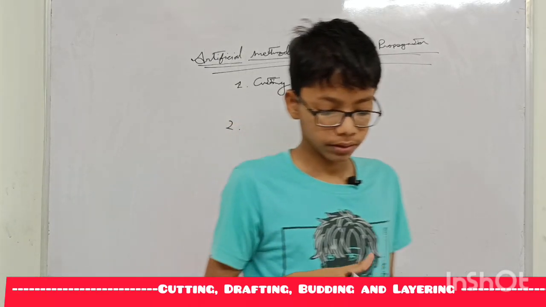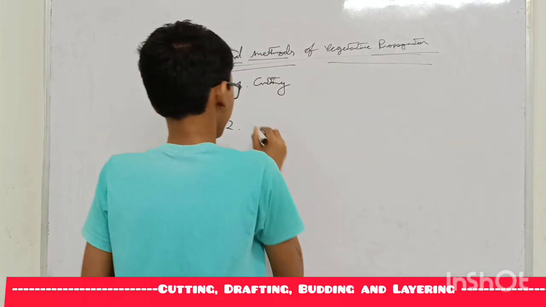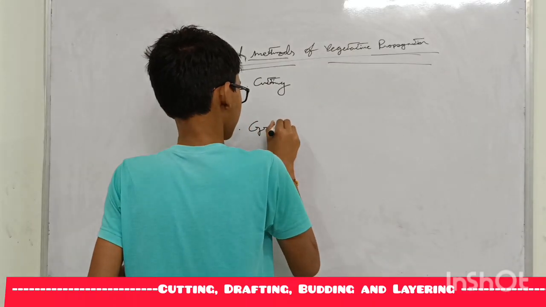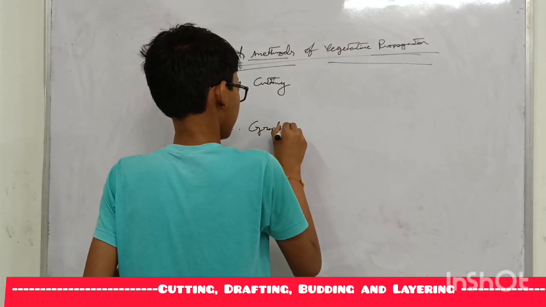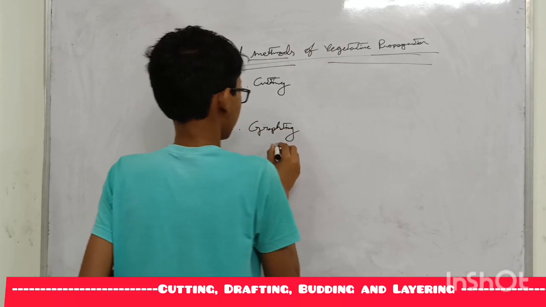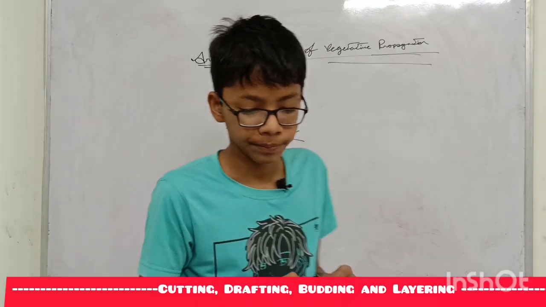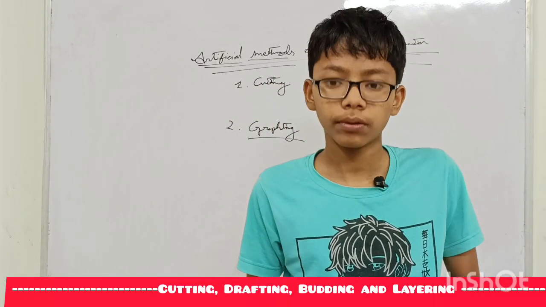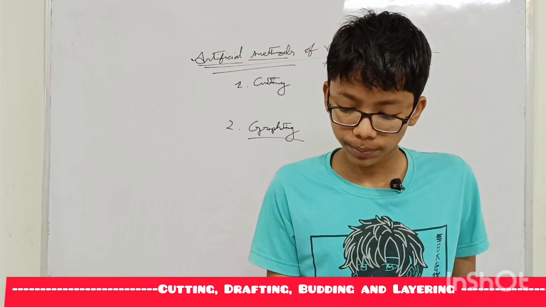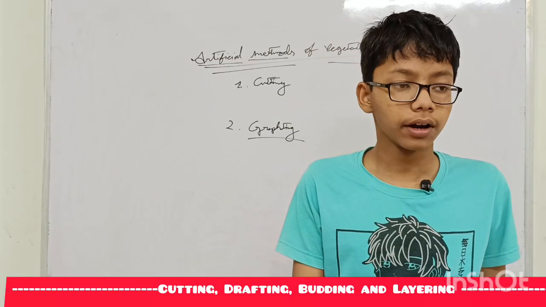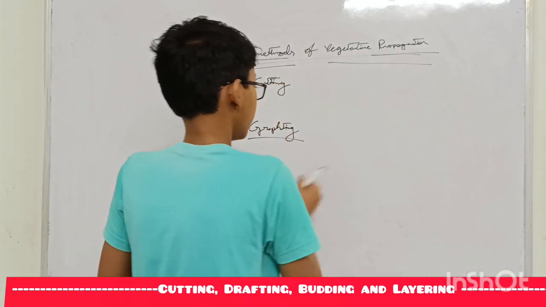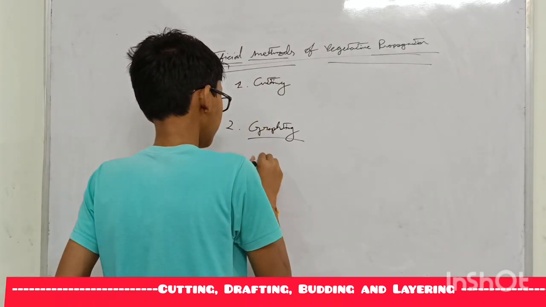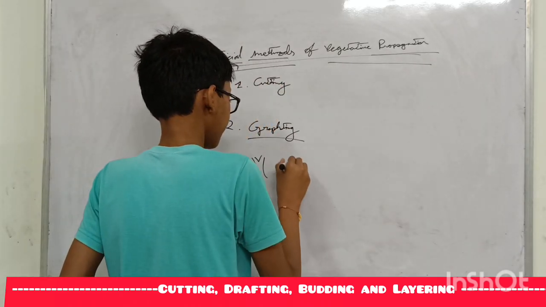The second one is grafting. Now, how does this process work? Here it is performed between two plants of closely related varieties.